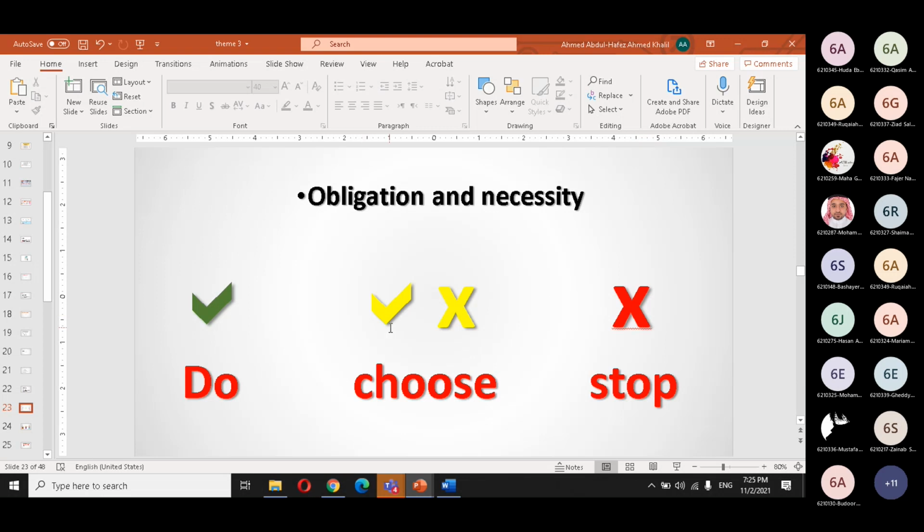Again, sometimes it is necessary to do something, like for example, when the traffic light is red. Here it is necessary to stop. So here you are enforced, you are obliged to do something.